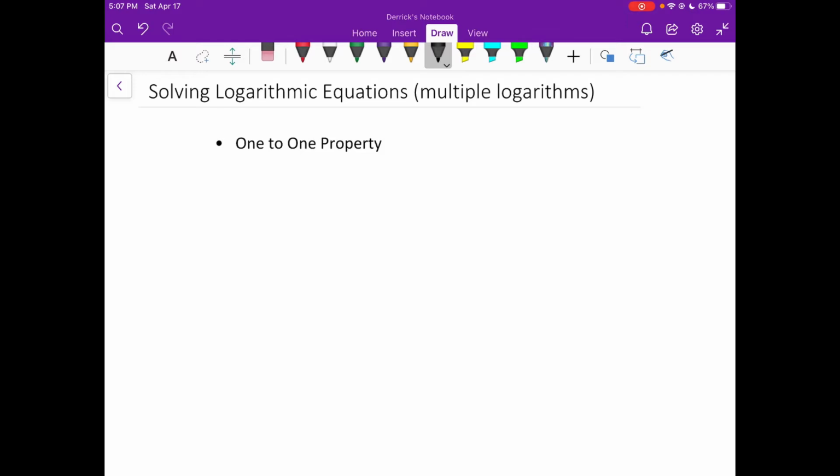For example, if you had log base 4 of x is equal to log base 4 of 2, the idea would be I only see one log term on each side of the equation, there's nothing extra going on, and they are both log base 4.